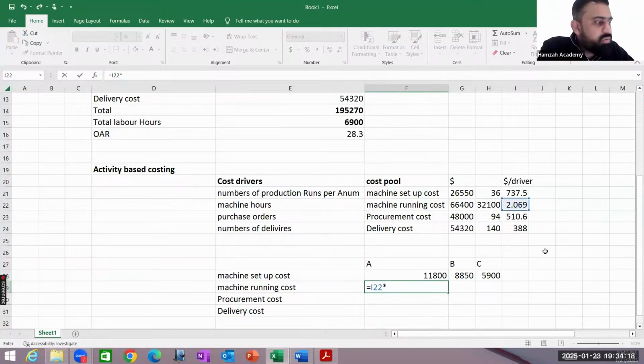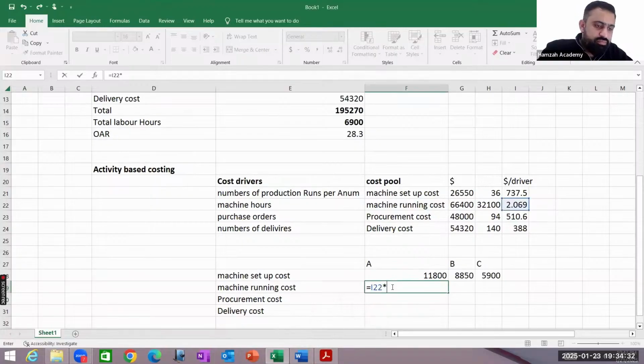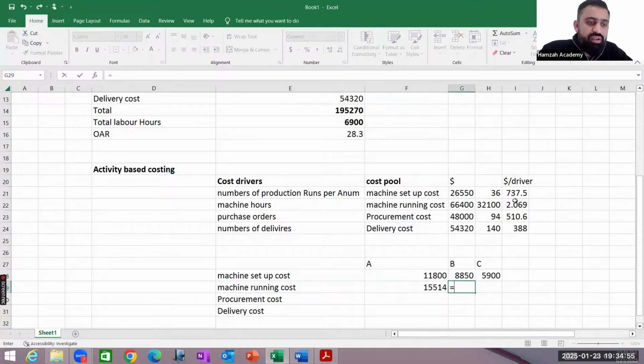The total number of hours used by product A is 0.5 machine hours into the total production of A, and this will be the 15,514 allocated to A. Then for B, 2.069, the number of units for B is 12,000 into 0.7 machine hours per unit.